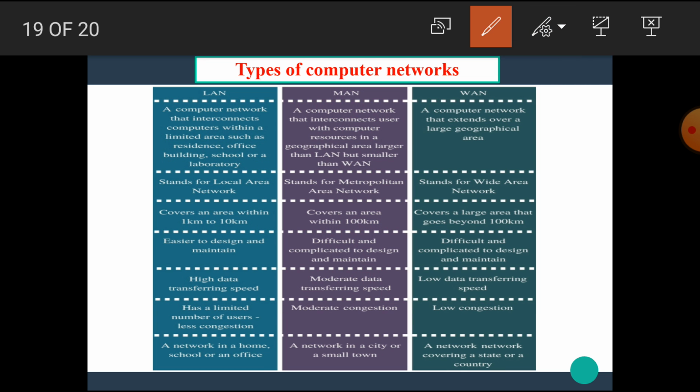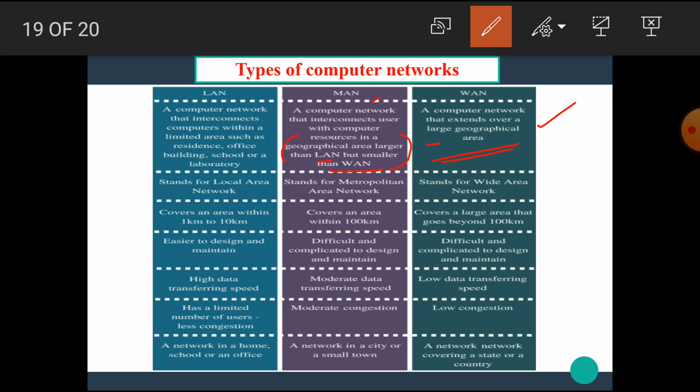Now, a computer network that interconnects users with computer resources in a geographical area larger than a LAN but smaller than a WAN, that means across a city, is known as a MAN, that means metropolitan area network, while a computer network that extends over a large geographical area, that means across the world, is known as a WAN.